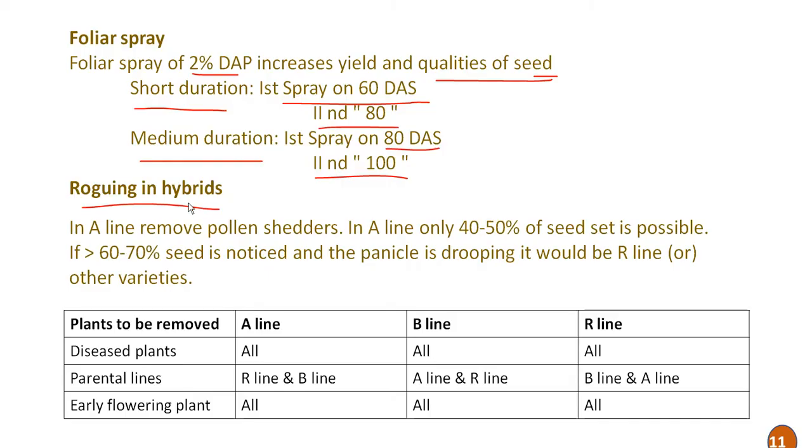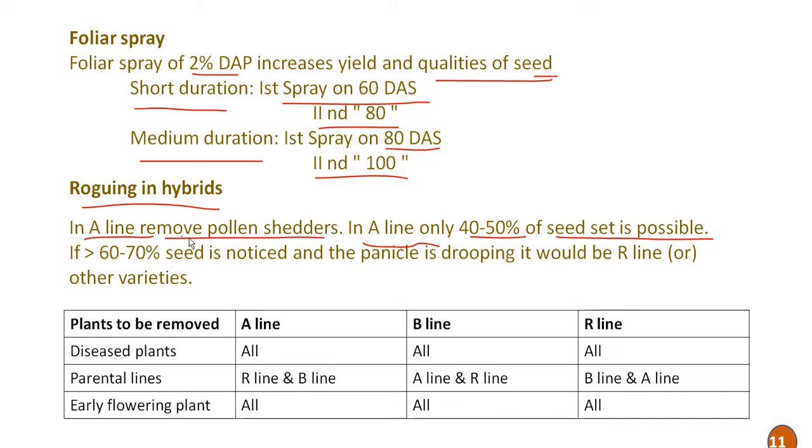Rogueing is essential to maintain the genetic purity of the hybrid seed, and in case of hybrids it is done in the A line to remove the pollen shedders. In the A line, only 40 to 50% seed set is possible, as it is the male sterile line.